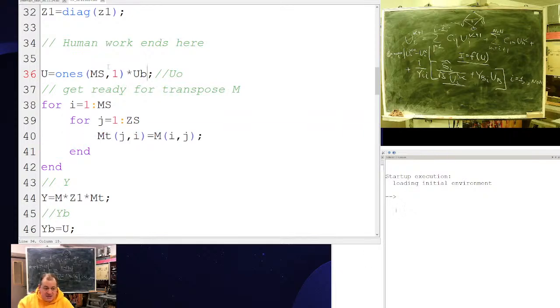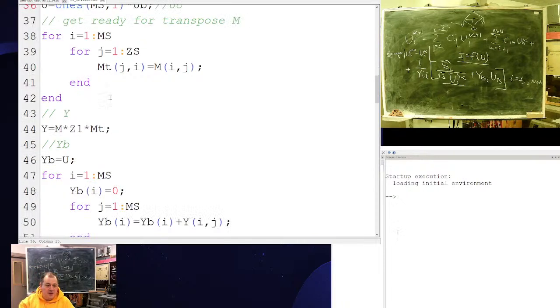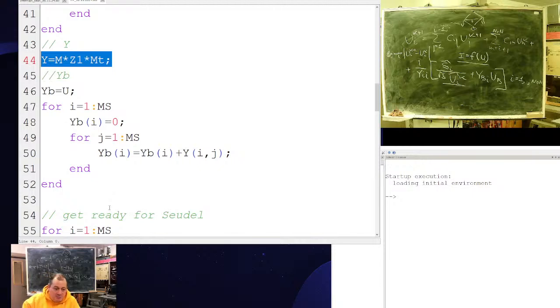So it sets the starting point, or U with the 0. I will need transposed M matrix. For what? For nodal admittance matrix. Got nodal admittance matrix. I'm near happy.